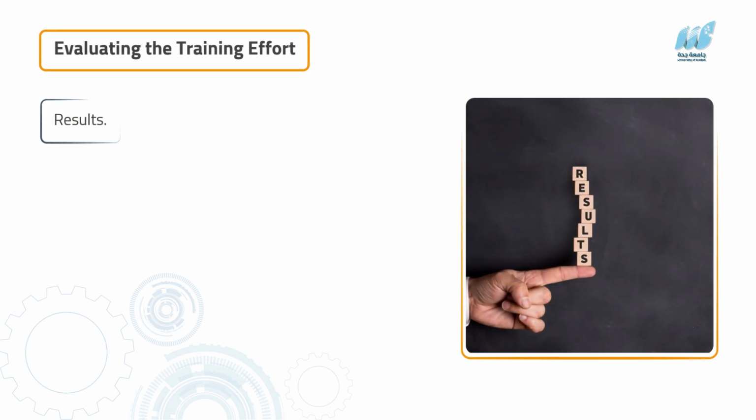Results. Most important, ask, what results did we achieve in terms of training objectives previously set? For example, did the number of customer complaints diminish? Reactions, learning, and behavior are important. But if the training program doesn't produce measurable performance-related results, then it probably hasn't achieved its goals.